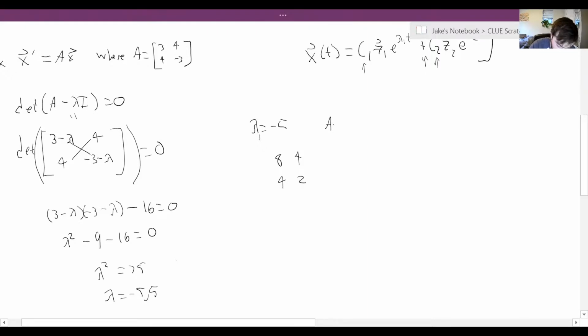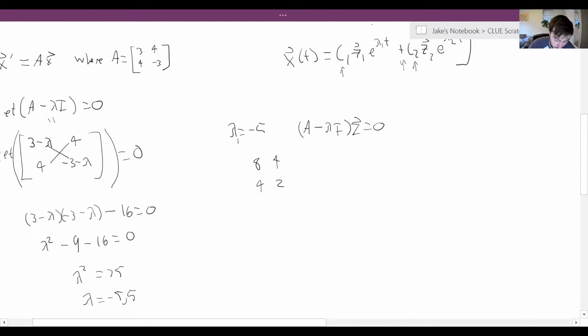So what this means is, I think what I was forgetting earlier is we do A minus lambda I times z, and we want to know what this equals 0. Again, there's descriptions of why this is the case, but we basically want to know for what vectors this property holds.